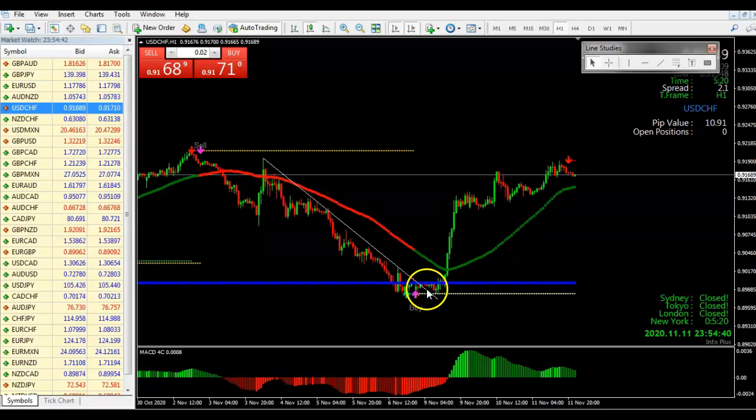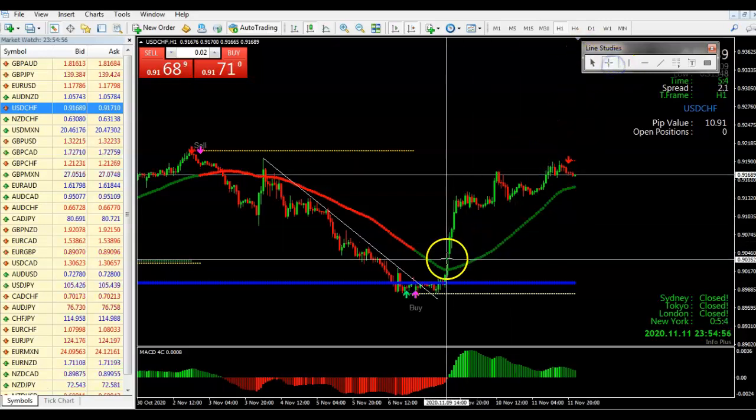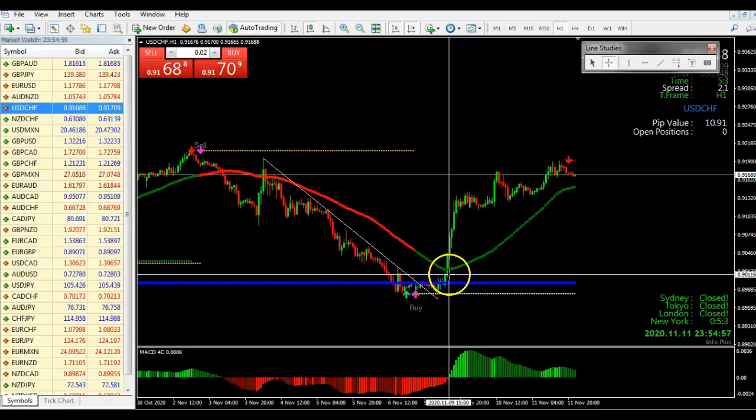Let's say at the moment you get a cross of that trend line, like right here, I would get into that trade right there. That's a perfect trade. It cannot get better than that. Our goal is to be 75% accurate.